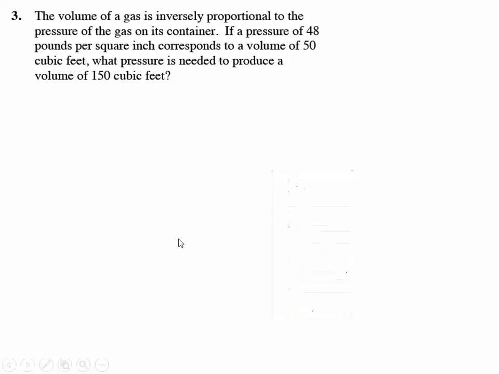All right, let me start it as well here. So let's see, volume of gas is inversely proportional to the pressure. So first of all, your variables might be a little different than mine, and that's okay. Since it's talking about gas, I'm going to put G for gas. G is inversely proportional, so automatically K on top and being divided by the pressure of the gas on the container.